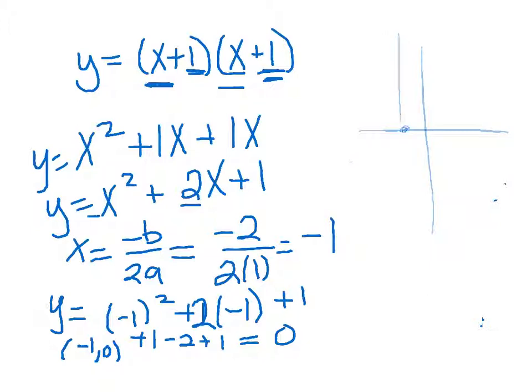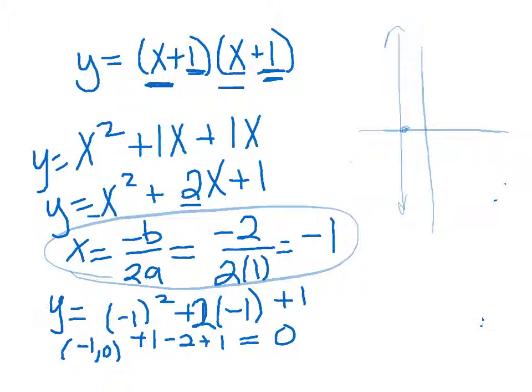Here's our line of symmetry at negative 1, which is the x value here. What is our y-intercept? Where does it cross the y-line? At our C, so it crosses the y-line at positive 1. That means I have a mirror image point over here. And the graph is going to look like this.